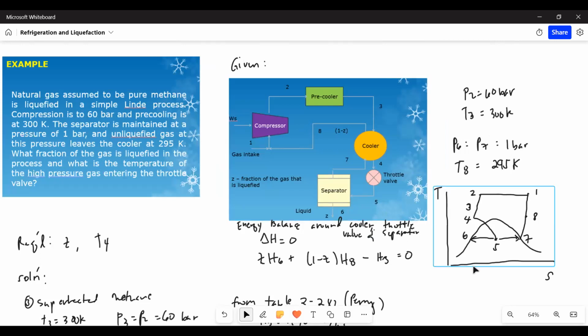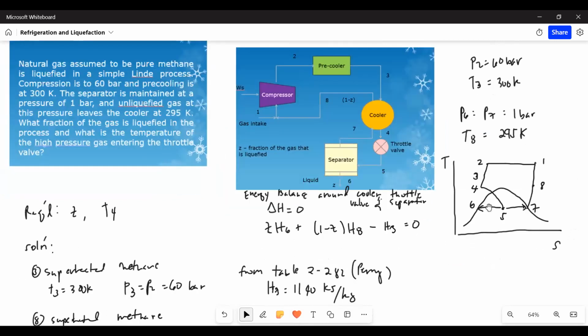So basically we're operating between two pressures, 1 bar and 60 bar, and the compressor changes the pressure from 1 bar to 60 bar. Okay.